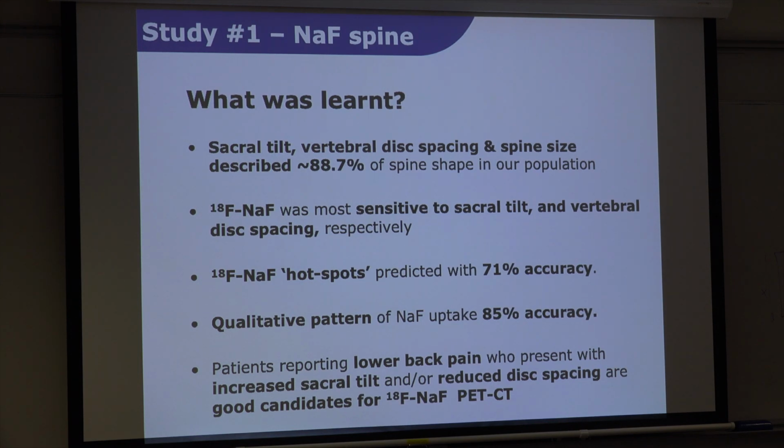And that when we predicted the sodium fluoride hotspots, our prediction accuracy was 71% in terms of intensity values, and 85% if we're just looking at the qualitative pattern. And if we have patients reporting lower back pain, we can say that if they have this type of profile, so increased sacral tilt or reduced disc spacing, then they're good candidates to go for this sodium fluoride PET-CT, because they're likely to have bone degeneration.